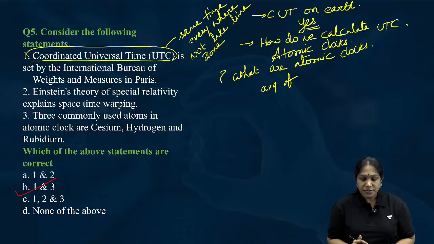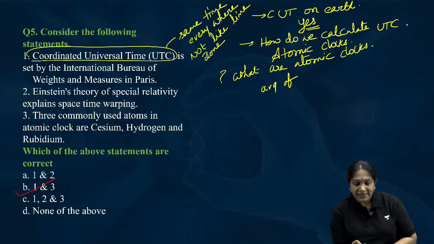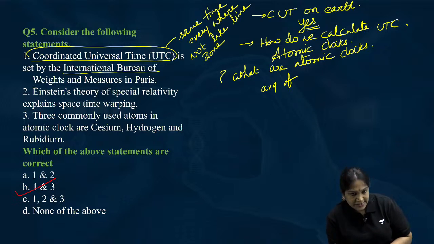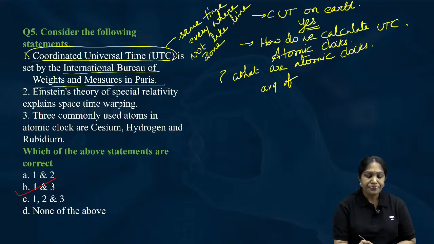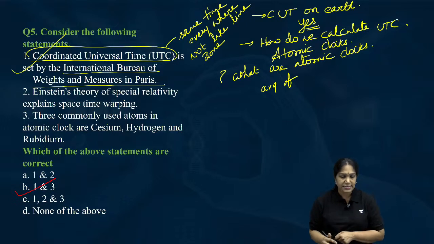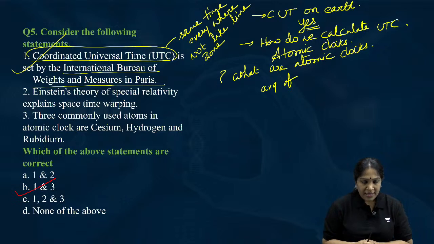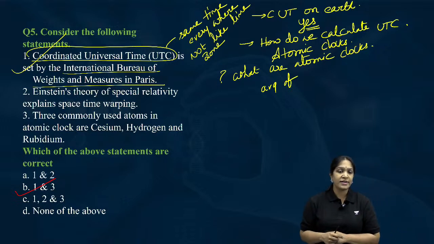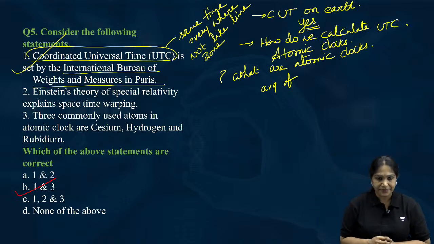Right. So, coordinated universal time is set by the International Bureau of Weights and Measures in Paris. This is factual information you have to remember. Yes, it is in the news recently, and that is why we are discussing it. We are discussing only the news items.